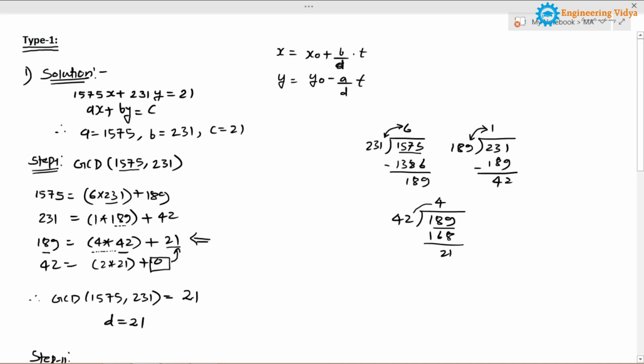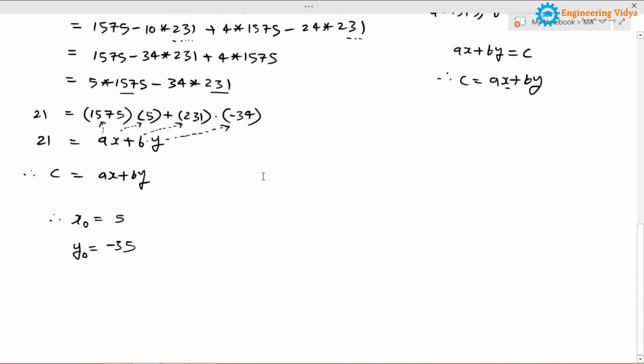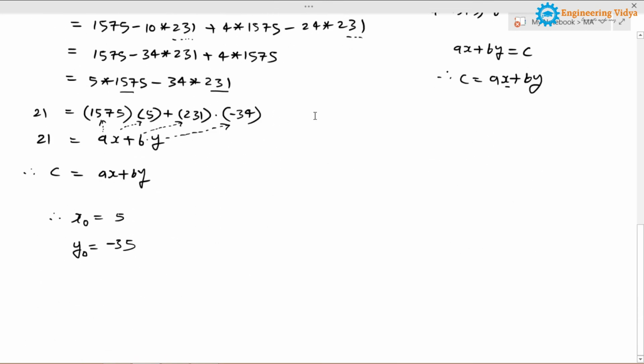At step 1 we have calculated d, and d is nothing but the GCD, and at step 2 we have calculated x0 and y0. Now we'll take step number 3, where we will calculate x and y.